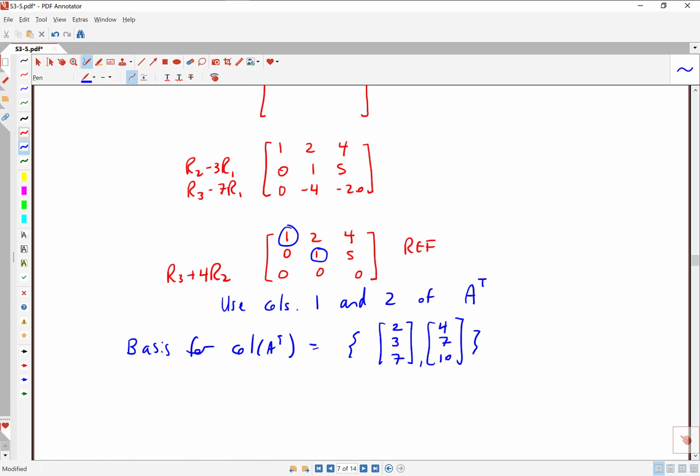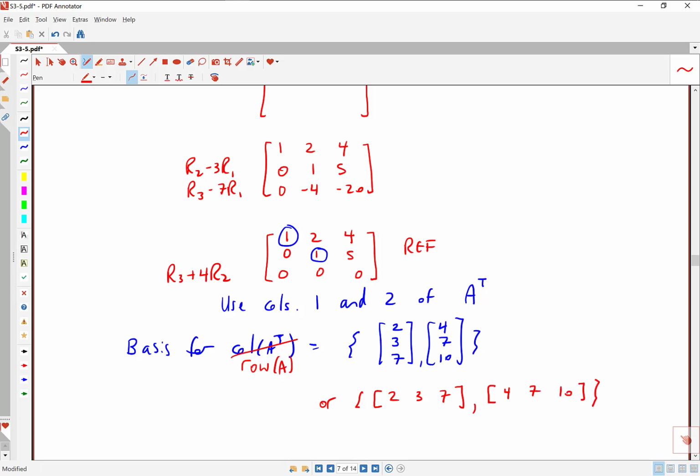And remember, when we say column space of A transpose, that's the set of all linear combinations of the columns of A transpose. That is exactly the same thing as saying row space of A. It's the set of all linear combinations of the rows of A. And if you wanted to write these vectors horizontally instead of vertically, that's totally fine, because we never care when we're just talking about a vector whether it's written horizontally or vertically.